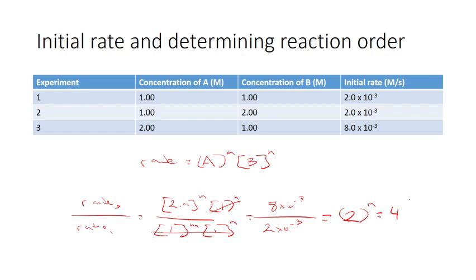All right, and so when we look at this, hopefully we can all solve this, that 2 raised to the M equals 4, so M is going to equal 2, right? So this is a second order rate, because it is raised to the second power, and so it is a second order reaction, or second order rate.